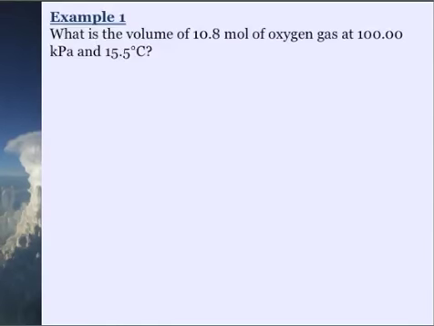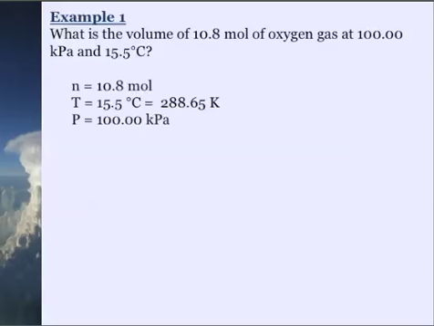So, in this case, for example, what is the volume of 10.8 moles of oxygen gas at 100 kilopascals and 15.5 degrees Kelvin? What do we know? Well, I know the number of moles, I know the temperature, there's my conversion over here to Kelvin, and I know the pressure is in kilopascals, so I don't need to do any calculations there. I know my constant.